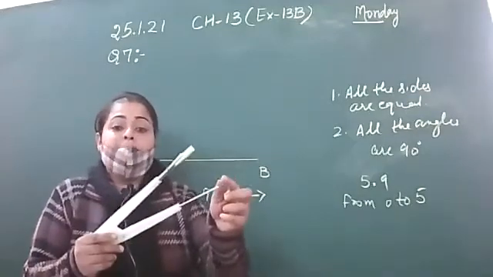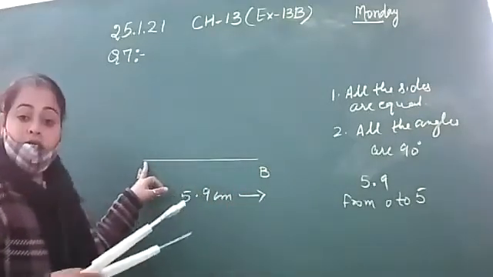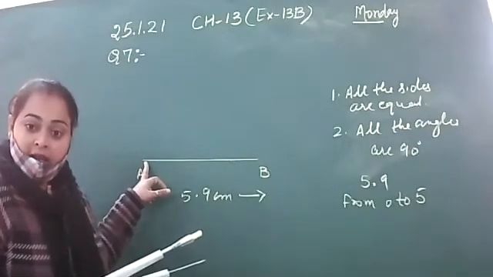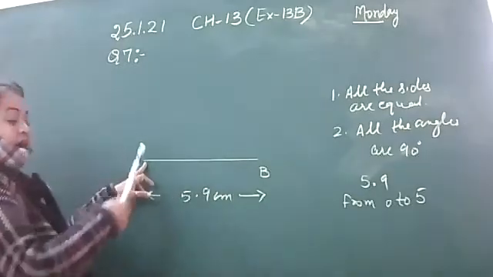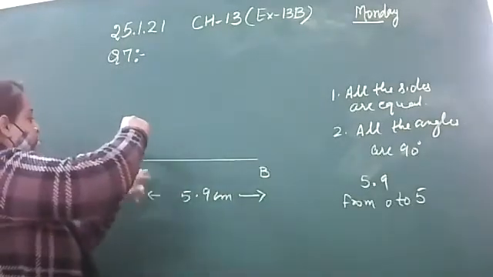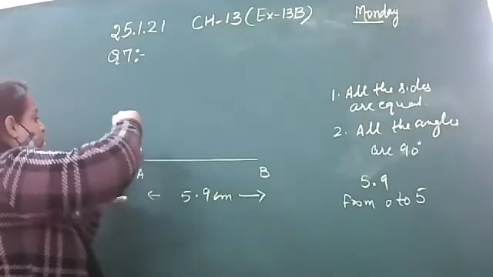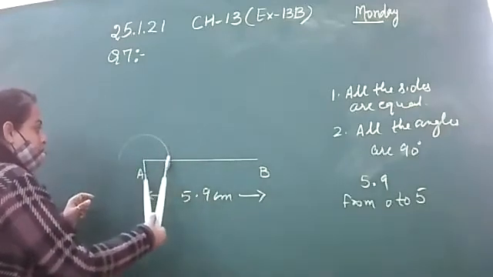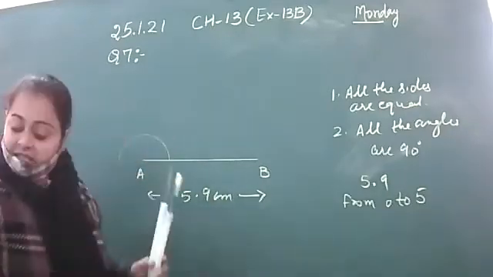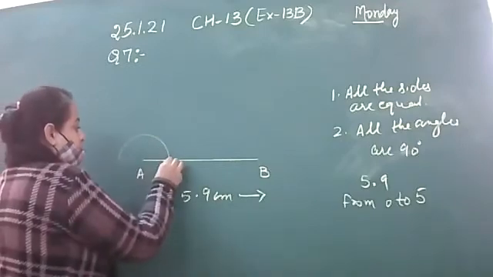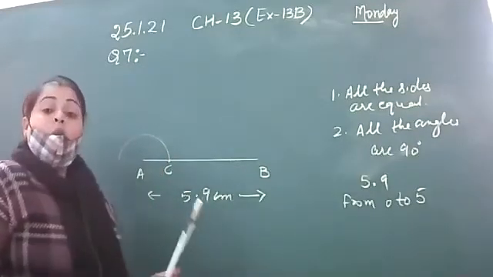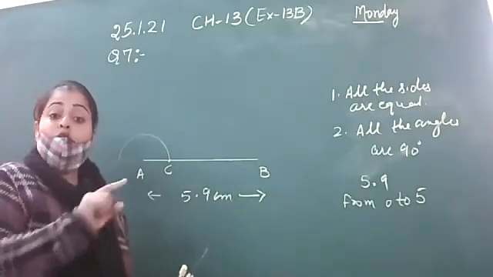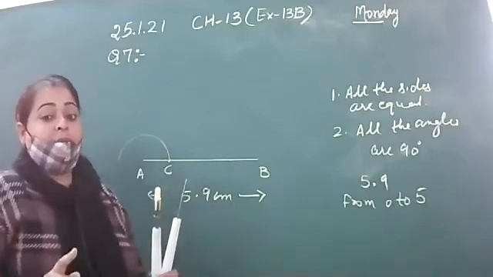Now, put your compass at A because I am going to construct an angle of 90 degree at A, and draw a semicircle. Construct side by side with me. This is point C. Once you open the compass, in the whole process, you will not change its size.